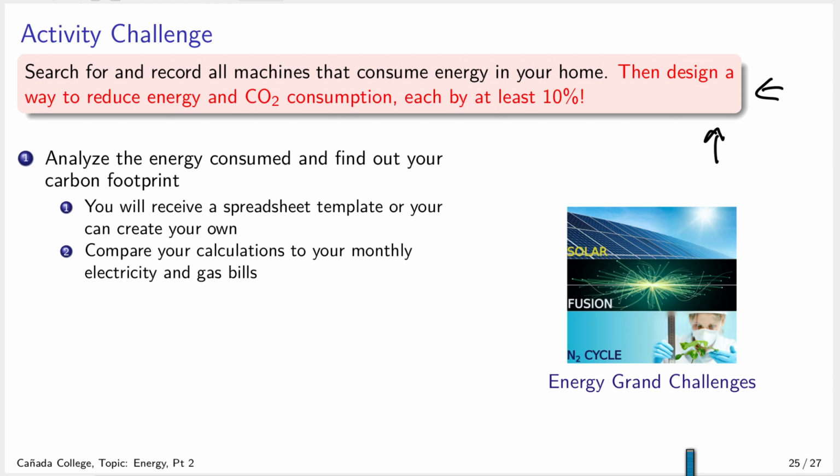So you're going to work with your family members or other members of your household to complete this activity, because it will take some time to find every energy consuming device inside your home. You're going to enter the data into a spreadsheet and do your analysis there. I will be able to provide you a template, or you can create your own. And you can also compare what you find with your actual monthly electricity and gas bills.